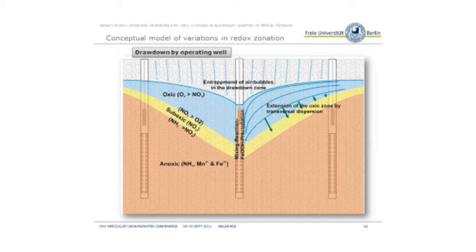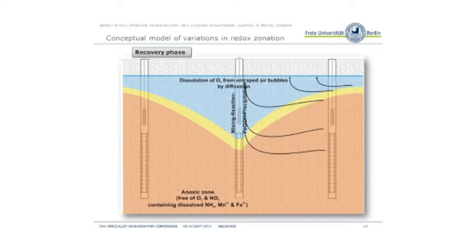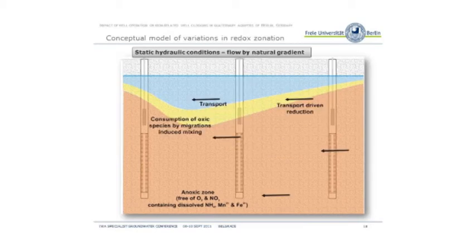So we have a more intense mixing reaction and a more intense precipitation of iron hydroxides at the well. So then again a recovery phase, for example, again with the dissolution of air and oxygen in the cone of depression.